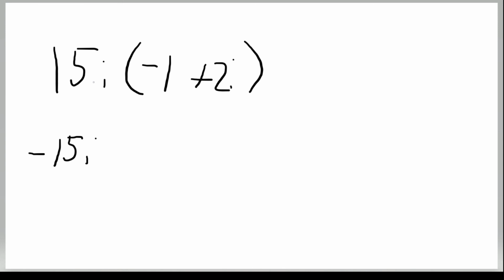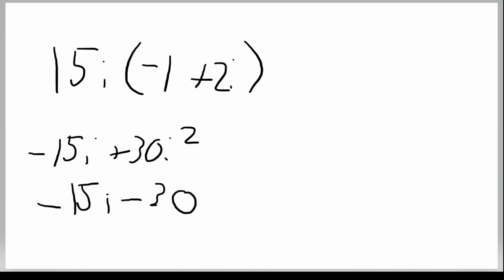Then 15i times 2i is going to be 30i squared. Now, since i squared is negative 1, it's going to turn this into a negative. So it's going to be negative 15i minus 30.